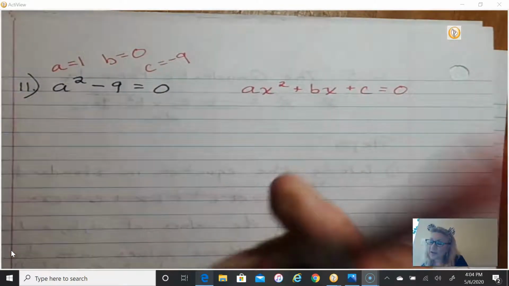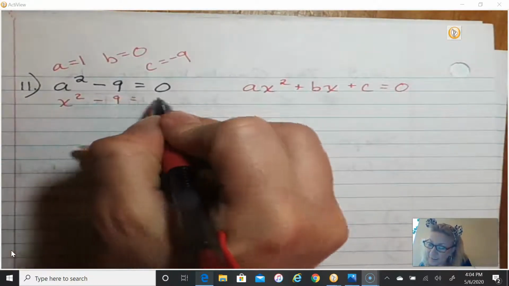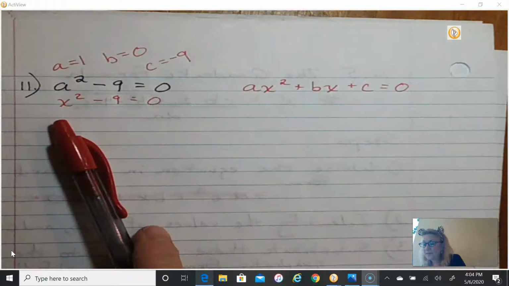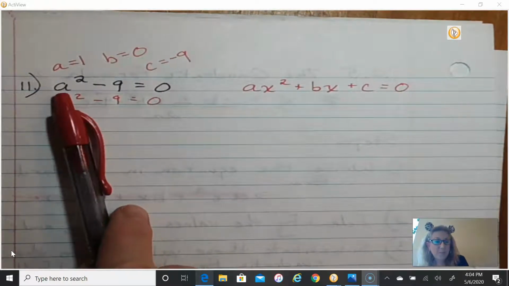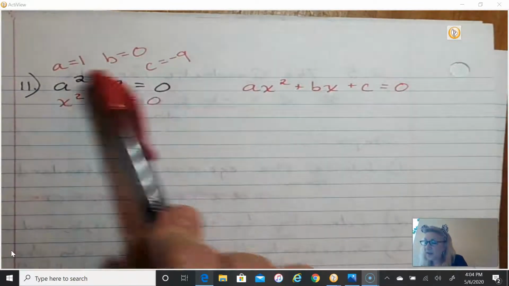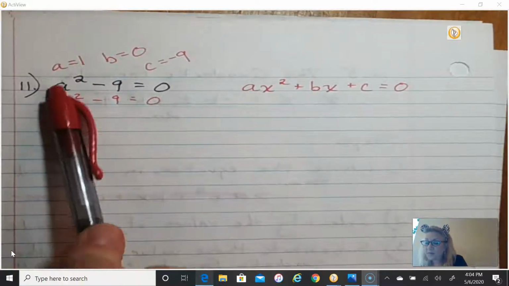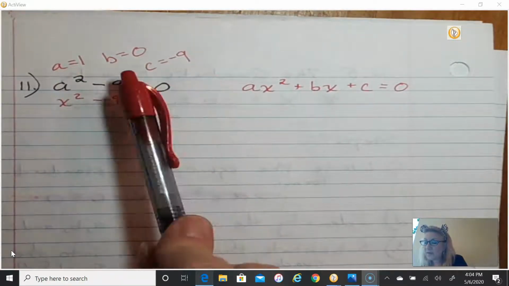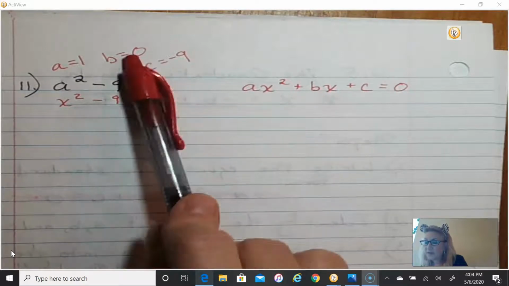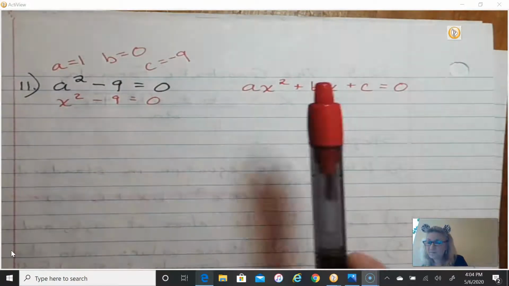You could even, guys, pretend that that's an x squared. Why'd they put an a here? I'll never know. This book is stupid. Okay, so do you get that? This would be 1. The b, there's nothing here. It's missing. C is negative 9.